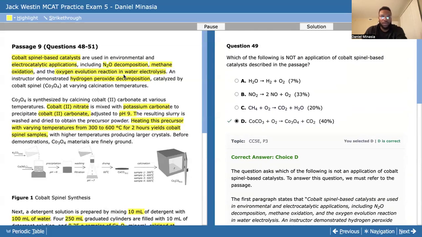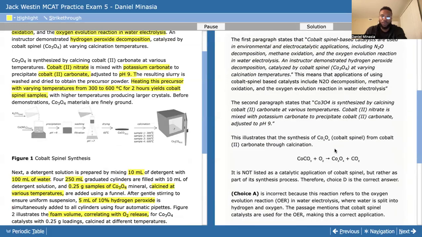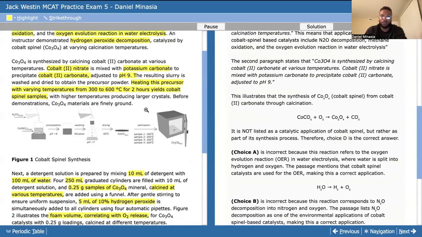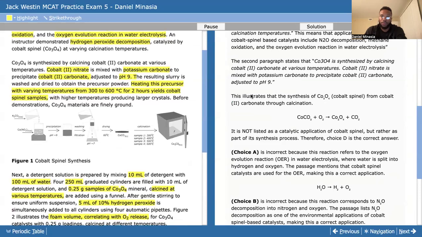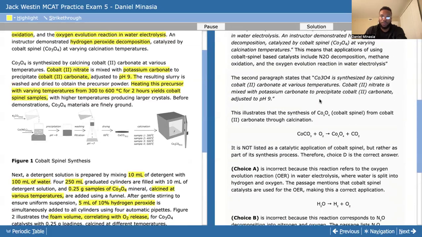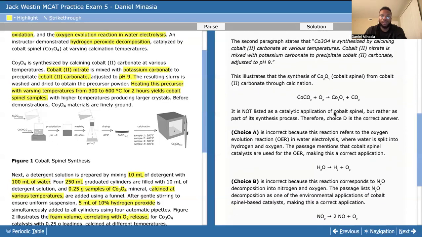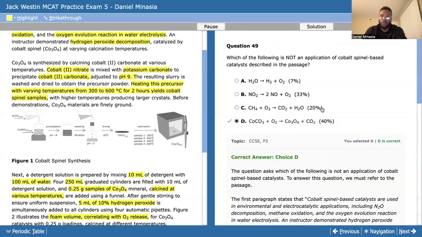Oxygen evolution reaction and water electrolysis, that's the first one. So just by process of elimination, we know that the answer we chose is illustrating the synthesis of cobalt spinel from cobalt 2 carbonate through calcination. It's not listed as a catalytic application of cobalt spinel, but the synthesis of cobalt spinel.